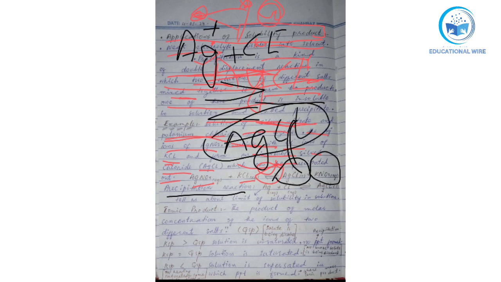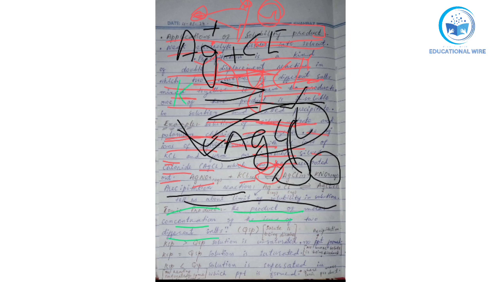This insolubility tells us about the limit of solubility in solution, how much soluble it is or how much it is not. To know whether it will precipitate or not, we should first know the ionic product. What is the ionic product? The ionic product is the product of the molar concentrations of the ions of two different salts.